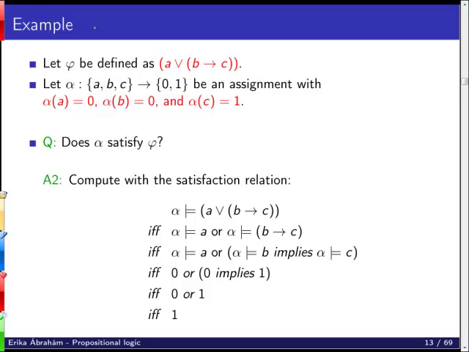Then I recursively apply the definition first for the disjunction, then for this implication. Then I have here atomic propositions, which I can evaluate directly in the assignment. So 0 implies 1. Then we know that this is true. So I have 0 or 1, and by the definition of or, it is 1.